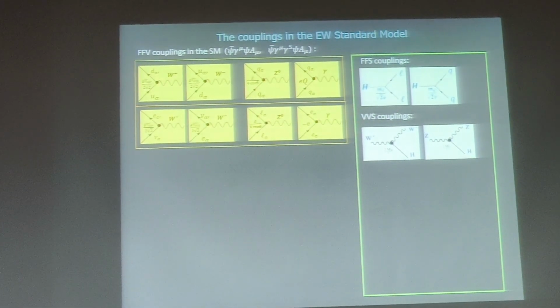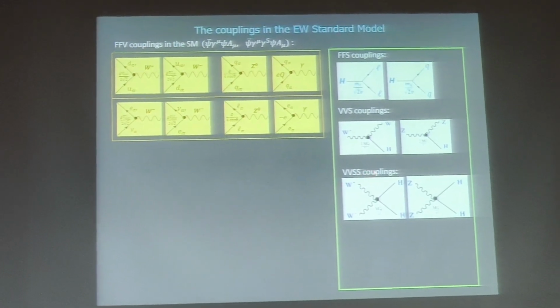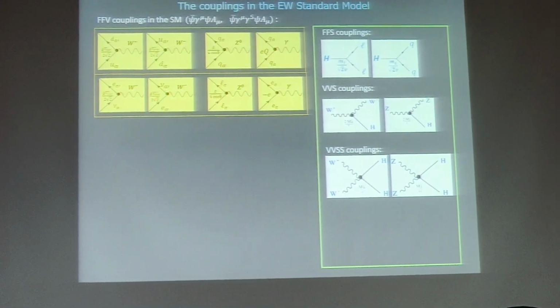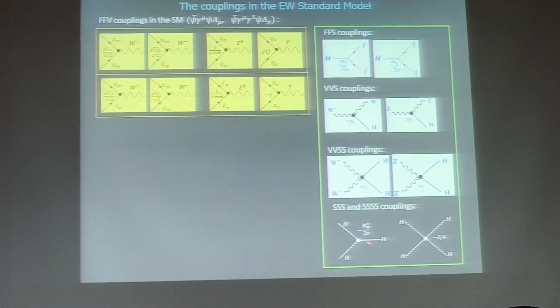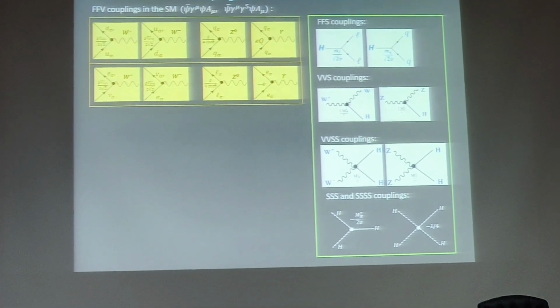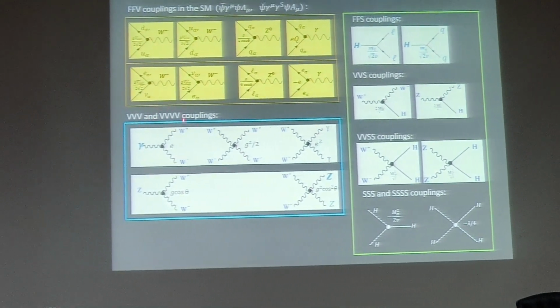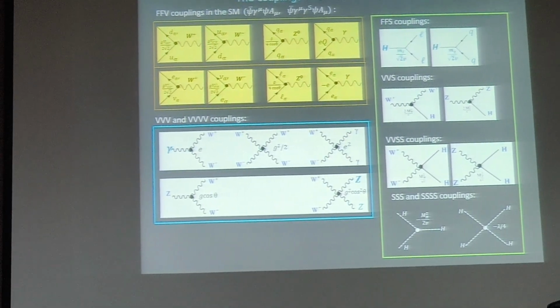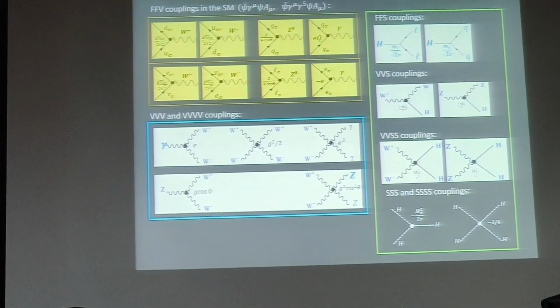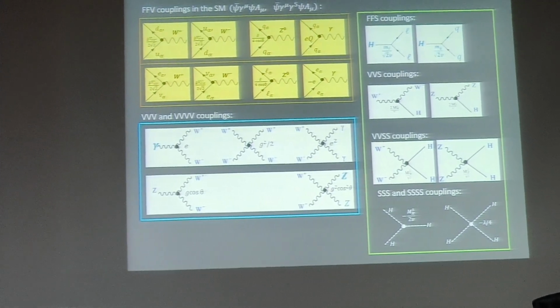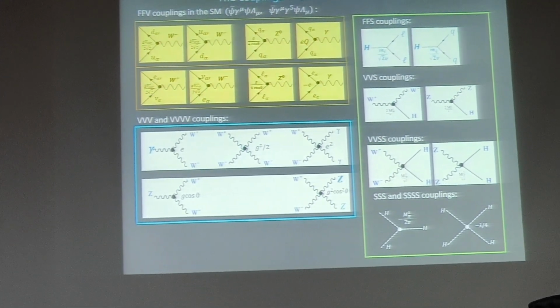We have VVS coupling and VVSS coupling, two vector fields coupled with two scalar fields. And we have the triple scalar and quartic scalar field interactions. Then we have the triple vector and quartic vector field interactions, just shown in the previous slide. So these are the possible interactions which exist in the standard model.